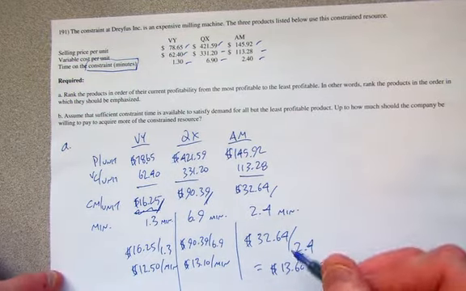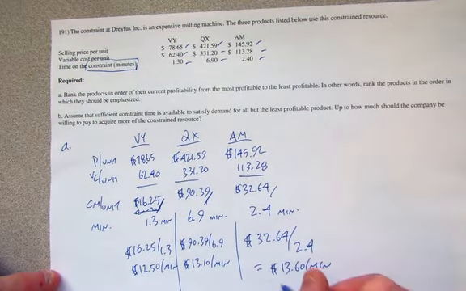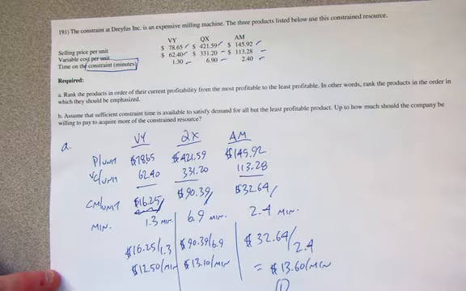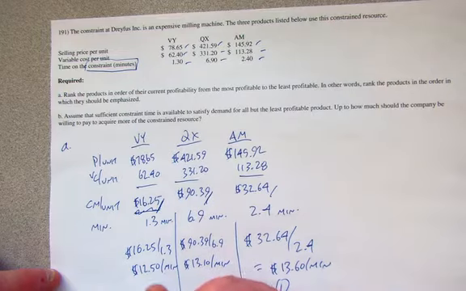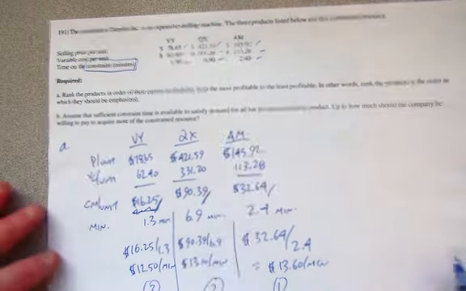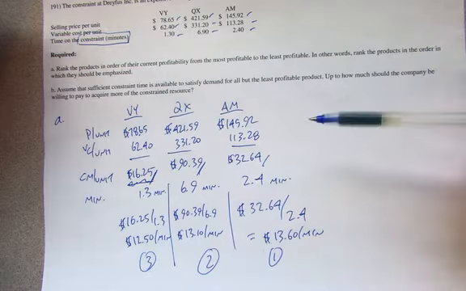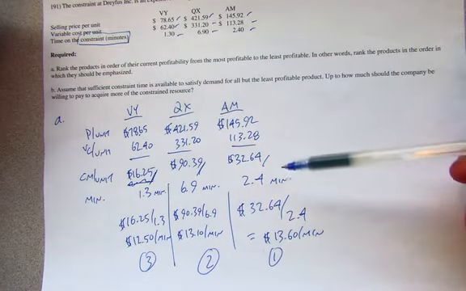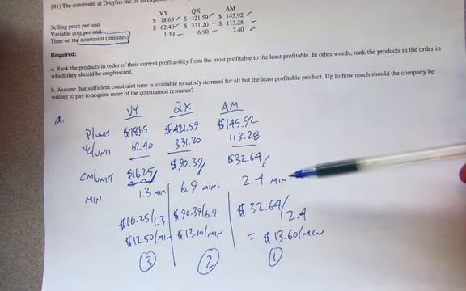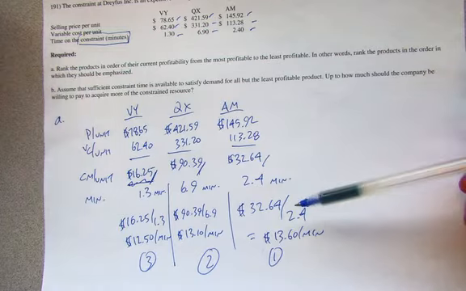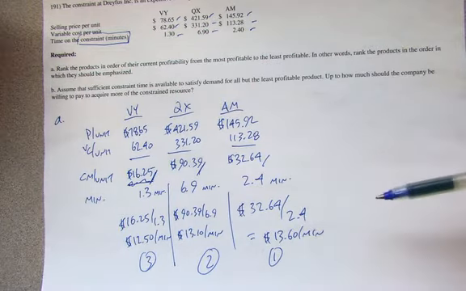So we can look at this and say, well, suddenly product AM looks the most attractive. QX comes in second place, and the bronze medal goes to VY. And this is why. Let me put that up here a little bit. Because we cannot obtain all of the minutes on that machine that we would like, we need to look at how many dollars of contribution we can generate with 1 minute of time on that machine for each of these products.